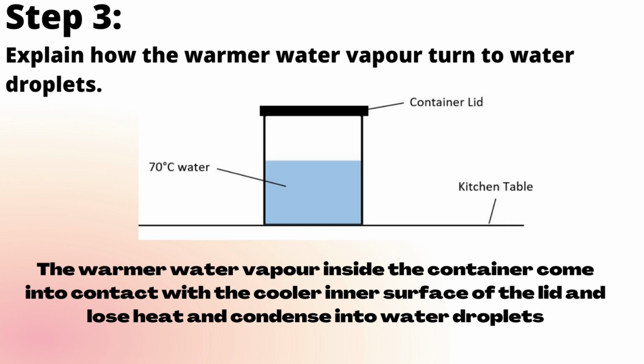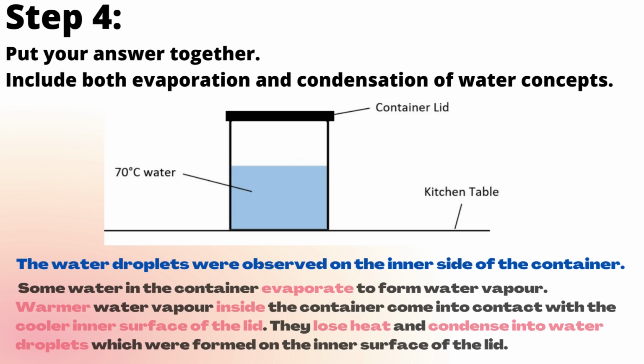Bearing all this in mind, now we know how the warm water vapor inside the container turns into water droplets. Now we still need to come back to answering the question. So, putting the answer together, recall what the question is about.